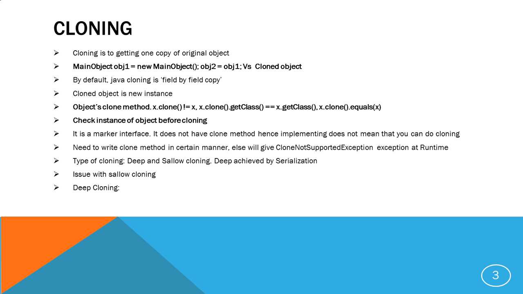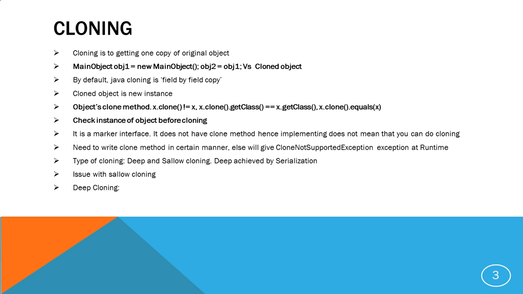Suppose you have one object called x of any type of class. x.clone() is not equal to x, because a cloned object is a new object. But their classes, x.clone().getClass() and x.getClass(), are the same. So x.clone().getClass() is equal to x.getClass().